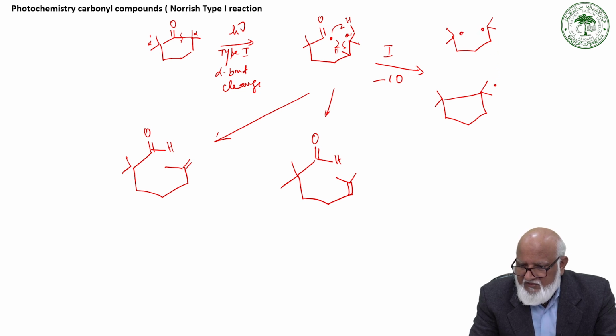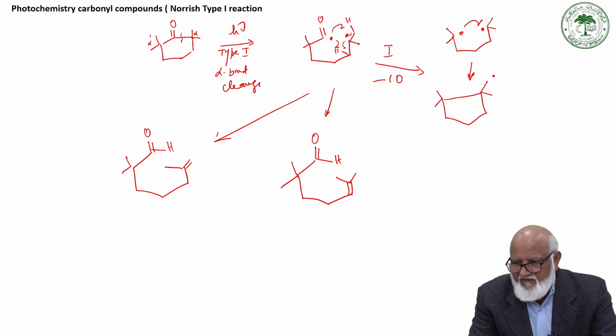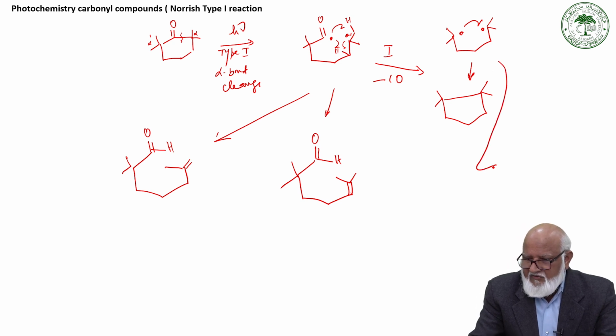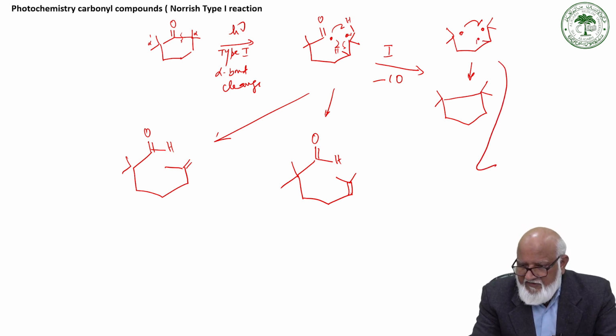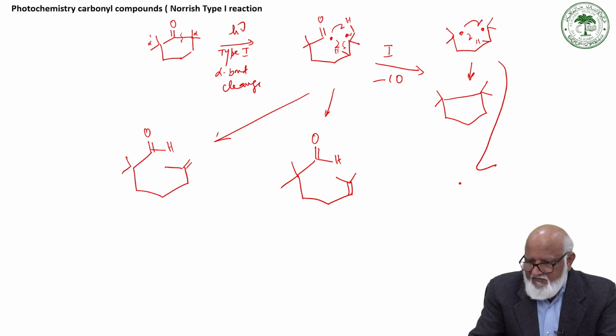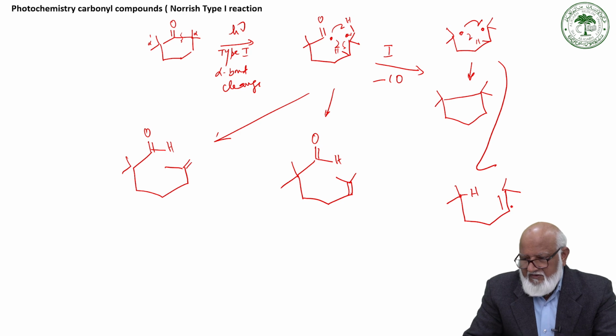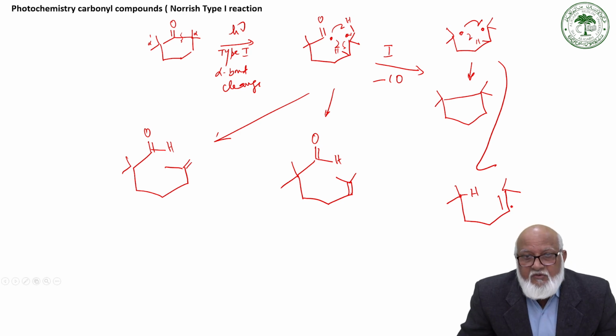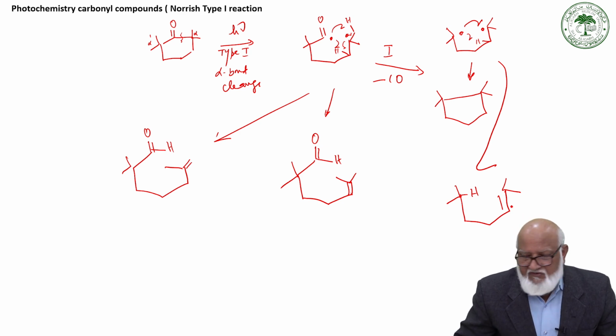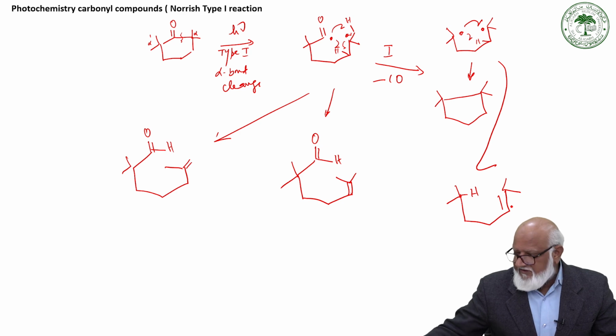This may also lead to, of course, radical coupling, which is going to give this one, and it is also possible that this may abstract a hydrogen atom to give a product like this. So these are possible photoproducts which are formed in the case of a cyclic or alicyclic ketone.